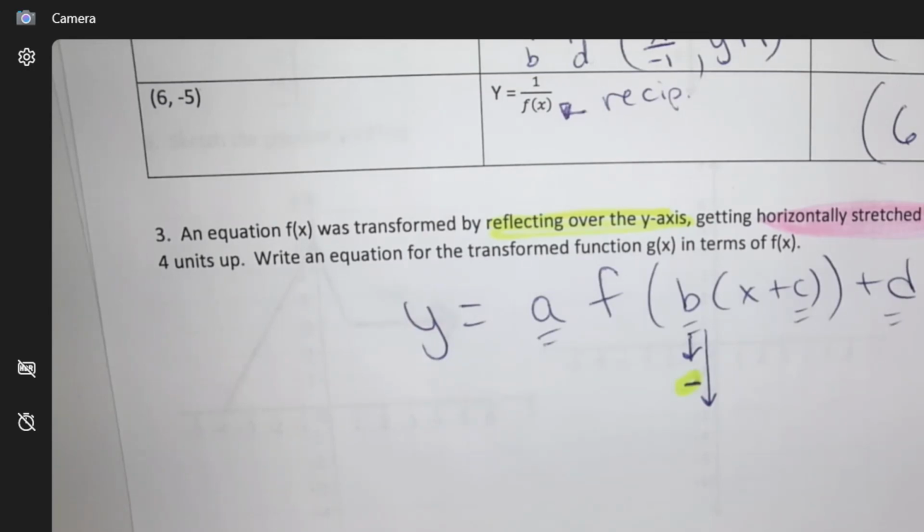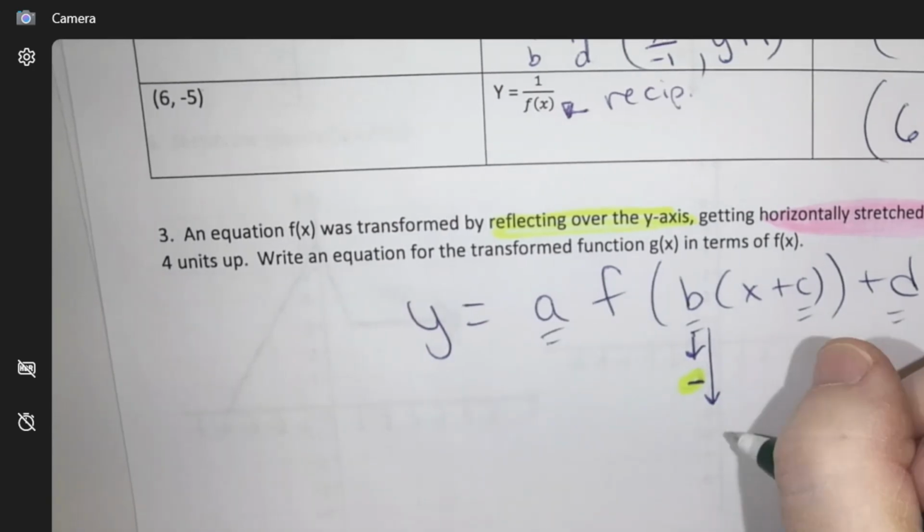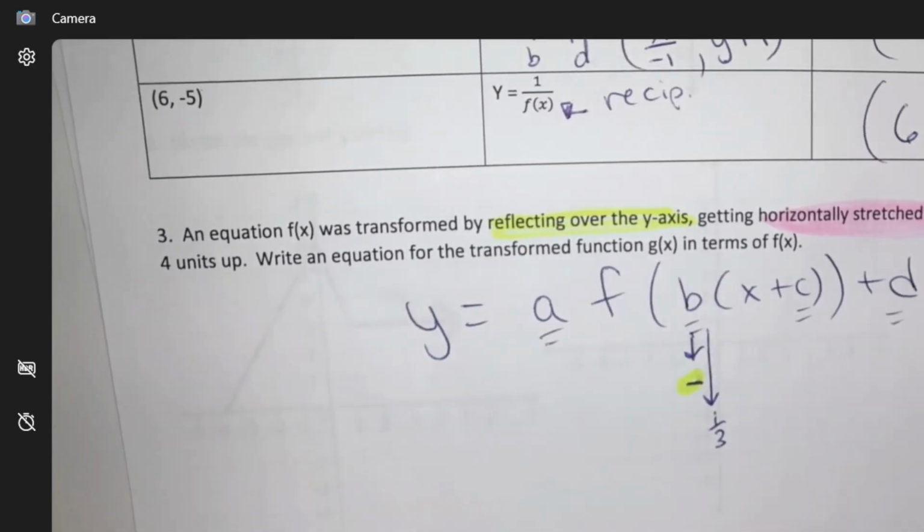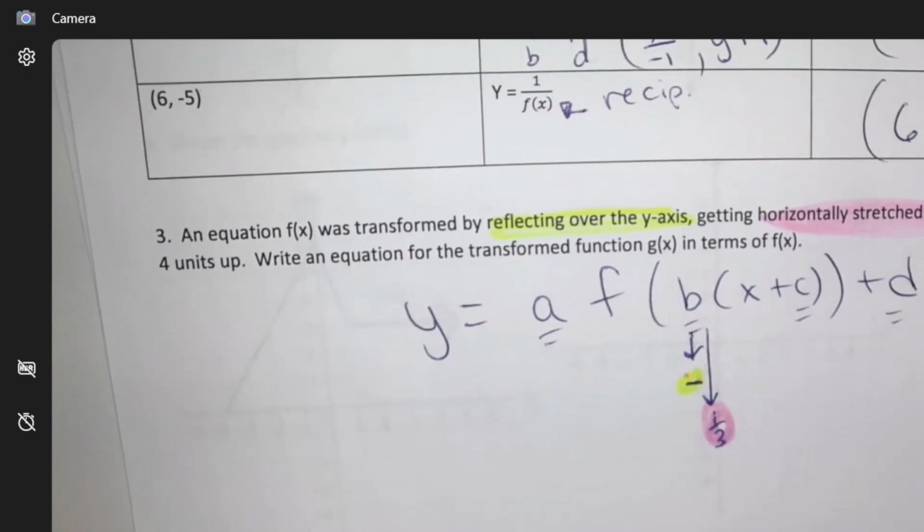So what number does the B have to be? Well, we already know it's negative. And then what kind of number value do we want there? 1/3, yeah. So we need that.